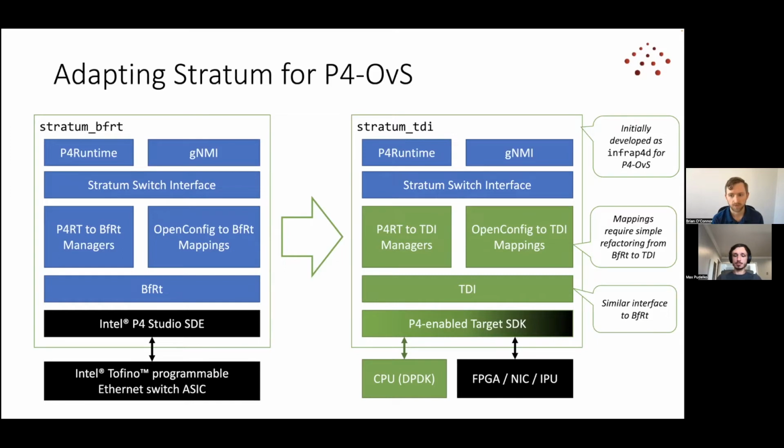Stratum TDI will introduce a new set of TDI managers and mappers that looks very similar to their counterparts on the left side. Putting everything together, we leverage Stratum's common northbound API services, adapt the BFRT-based target to TDI, and mix in the SDK for P4 DPDK or the IPU, and now we have a solution that can run on the server.